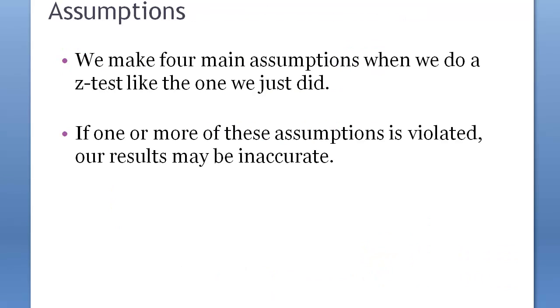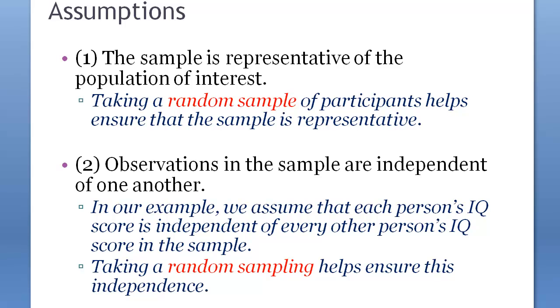We make four main assumptions when we do a z-test like the one we just did. If one or more of these assumptions is violated, our results may be inaccurate. First, the sample is representative of the population of interest. Taking a random sample of participants helps ensure that the sample is representative. Second, observations in the sample are independent of one another.